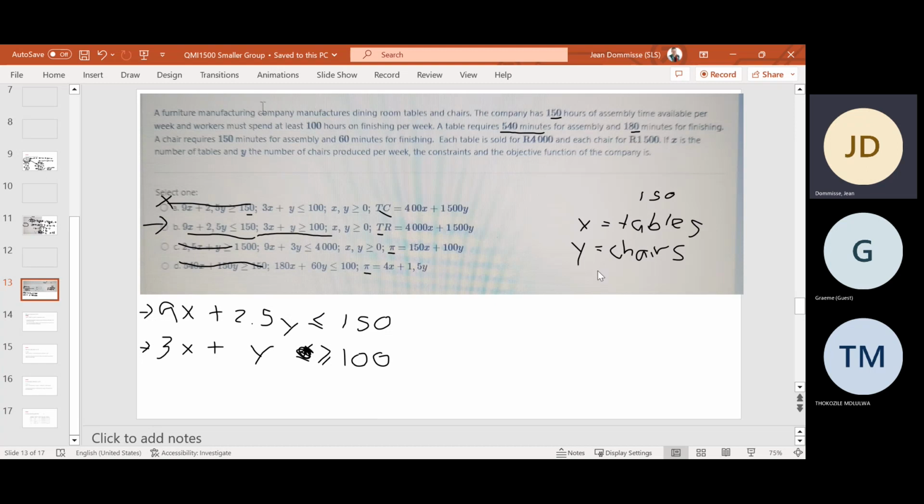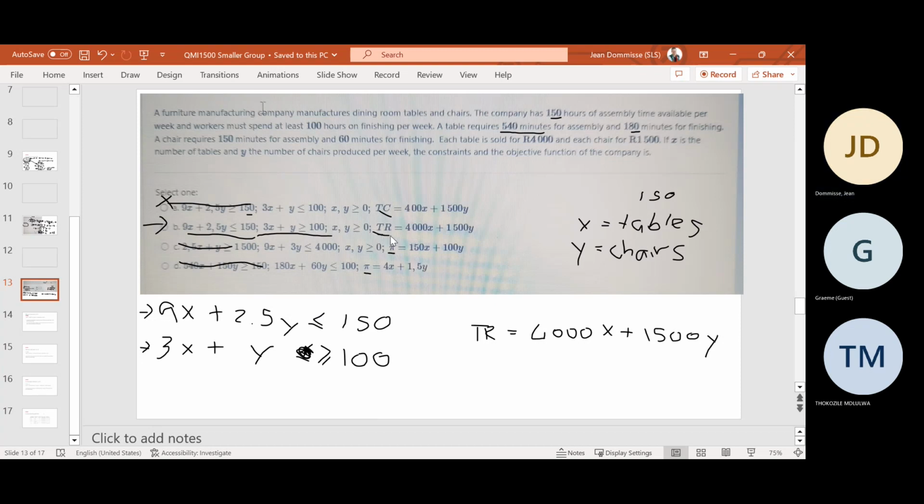But let's also look at the next one. Each table is sold for 4,000 Rand, and tables are X, and each chair is sold for 1,500, which is Y. And that is then your total revenue, because your total revenue depends on how much you have produced.